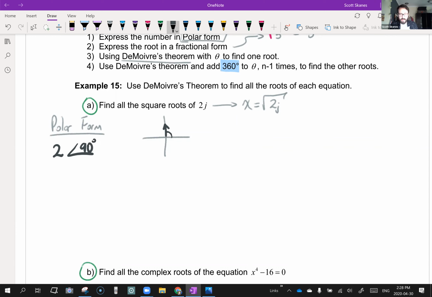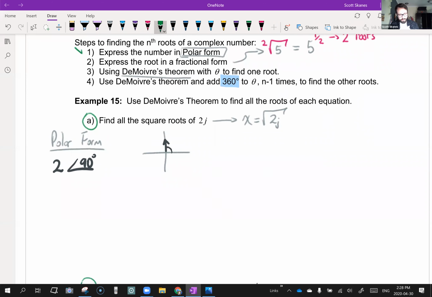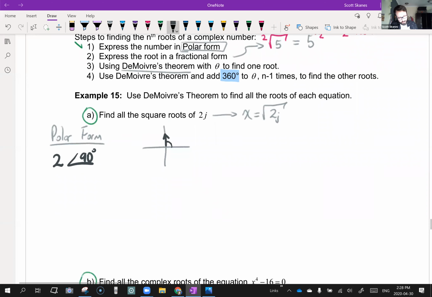That's the first thing. Now, it doesn't need to be difficult to find. In this question, it was actually very simple to find. Once we have the polar form, you'll see that that's actually the first step up top. Now we have to express the root in fractional form. So we want the square root of this. It looks like this: 1 over 2.